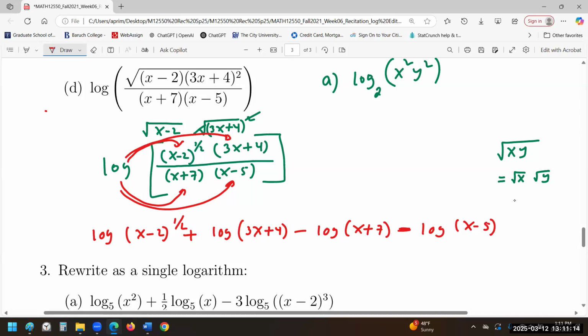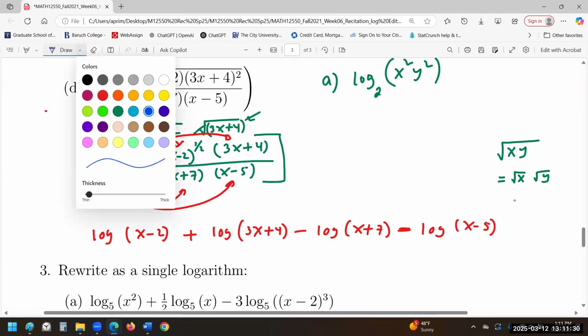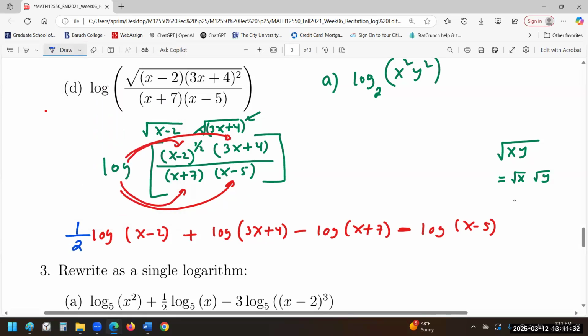For the first one, it is a problem. 1/2. We cannot have the power because log hates that. So we must bring it down. I'm too lazy to rewrite, so let me just erase and write this 1/2 on the top, on the front.